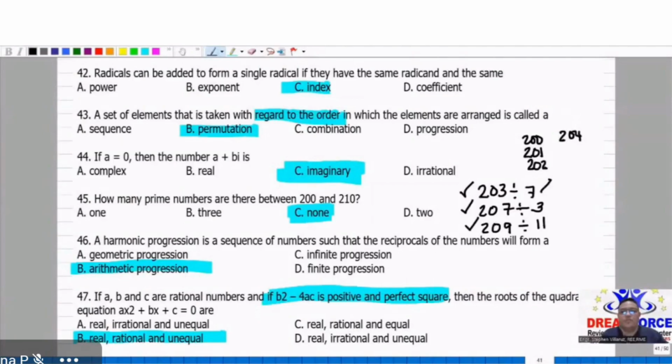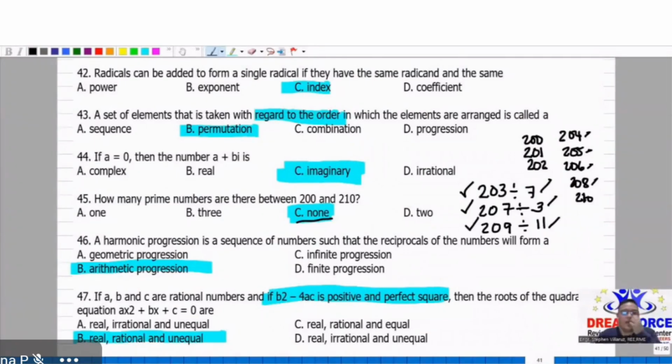We have 204 even yan. 205 divisible by 5. 206, this is even number. 207 divisible by 3. 208, even number yan, I should say. We have 209 divisible by 11 and 210, that is even number. So there's none. Okay, wala pong prime number.